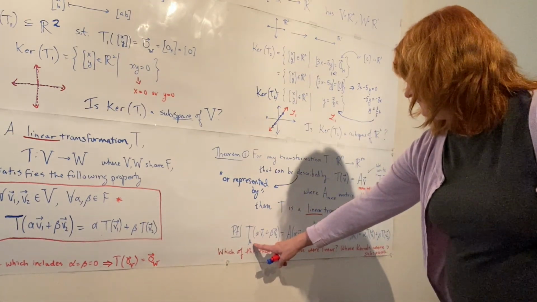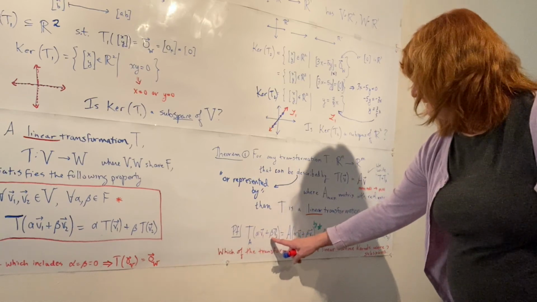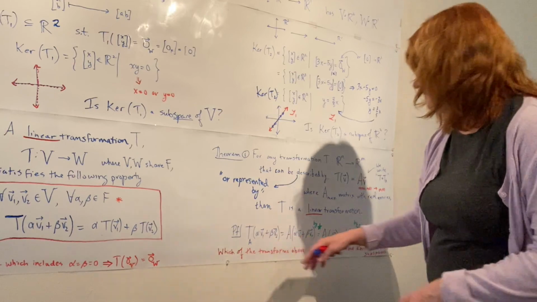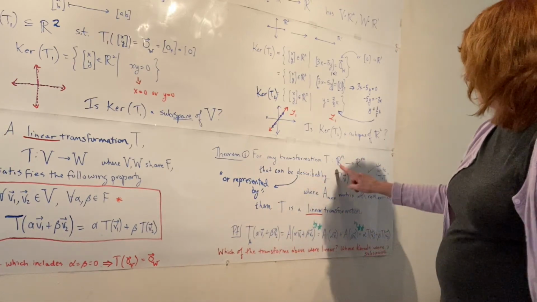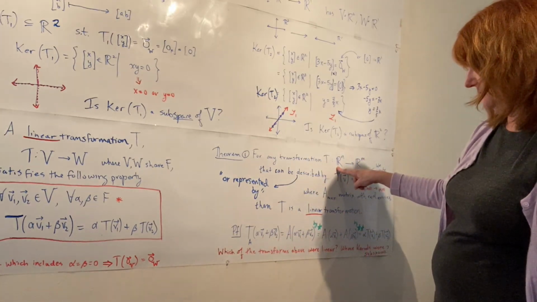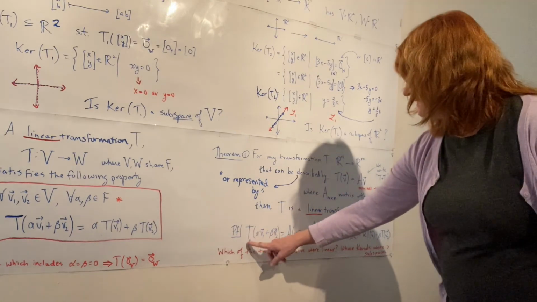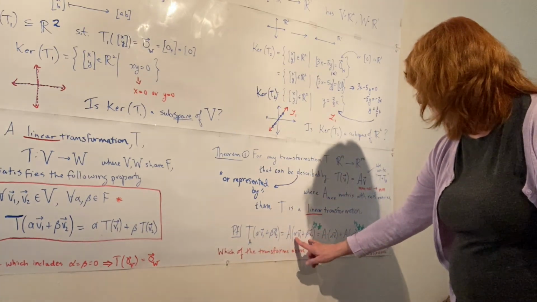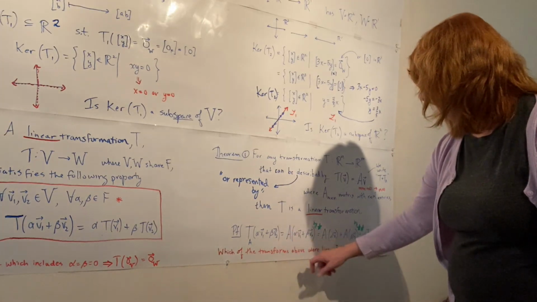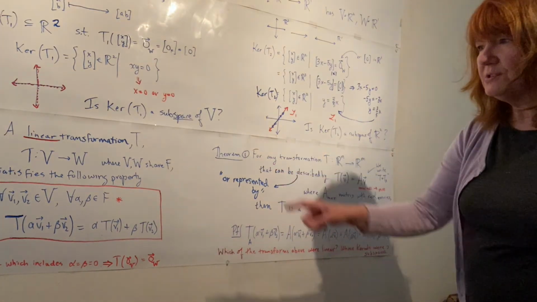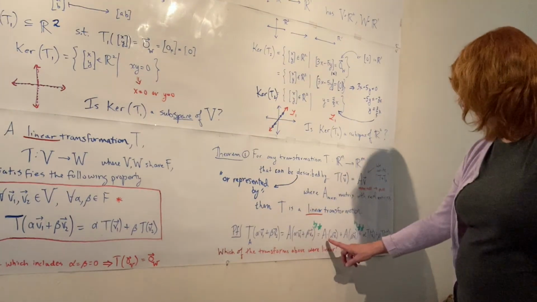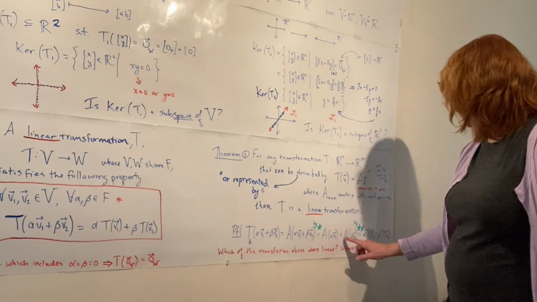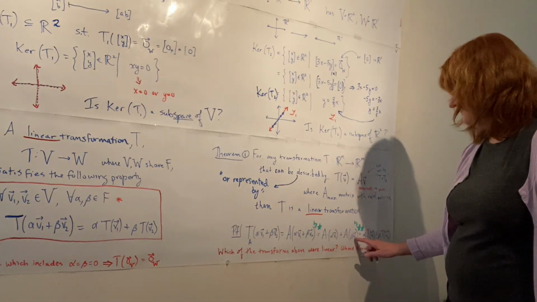T sub A of alpha V1 plus beta V2, where alpha and beta have been chosen arbitrarily, and V1 and V2 are arbitrary vectors in Rn. If T sub A can be represented by multiplying that vector on the left by A, then by that first matrix multiplication property, that's the same thing as A times alpha V1 plus A times beta V2.